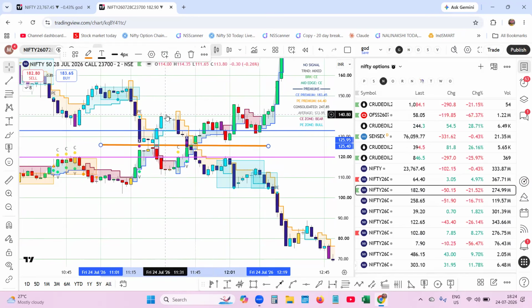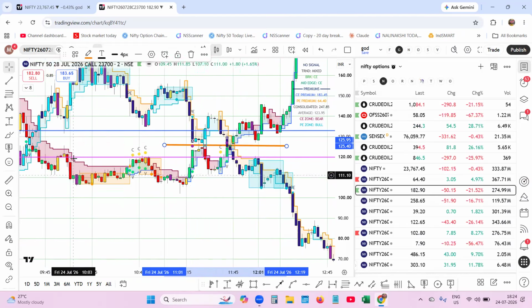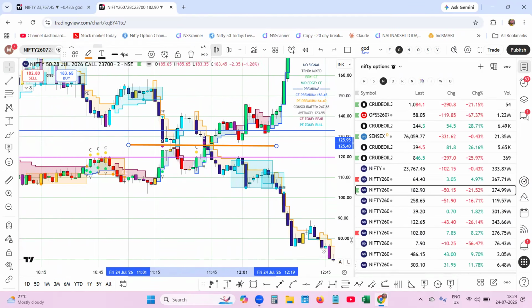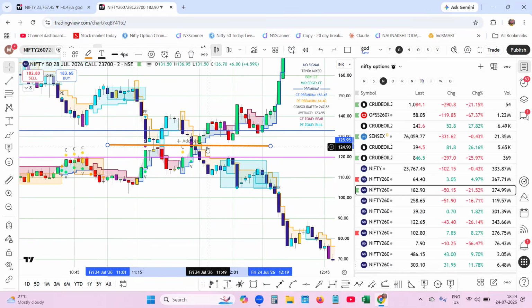That itself is another confirmation. Again they met. So how long did it take for the blast to materialize? It took nearly 2 hours, from 9:15 to 11:45, and only then the extreme blast started.